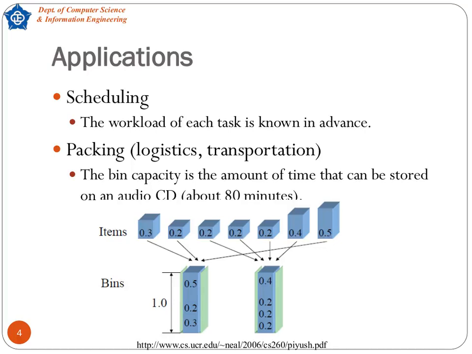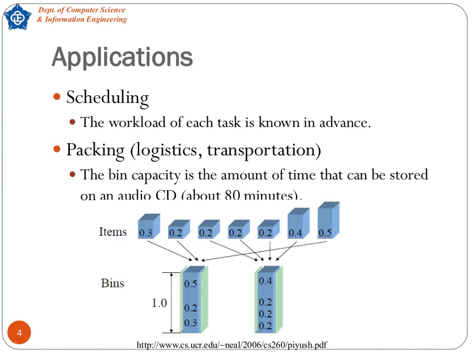Now that we've grasped the fundamentals of the bin packing problem, let's explore its practical applications. On this slide, titled Applications, we'll delve into 2 primary types of problems where this concept is crucial. First, we have scheduling. In scheduling applications, a key characteristic is that the workload for each task is known in advance, allowing for efficient allocation.